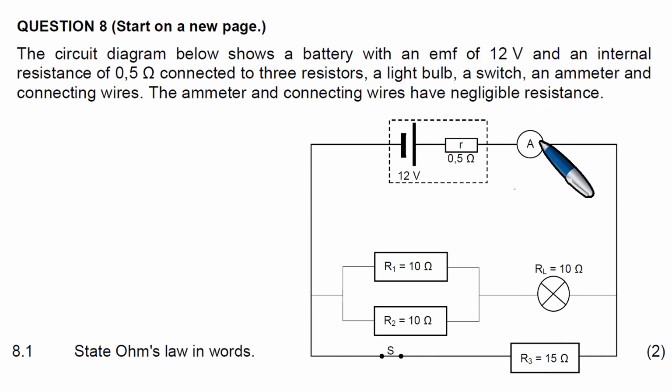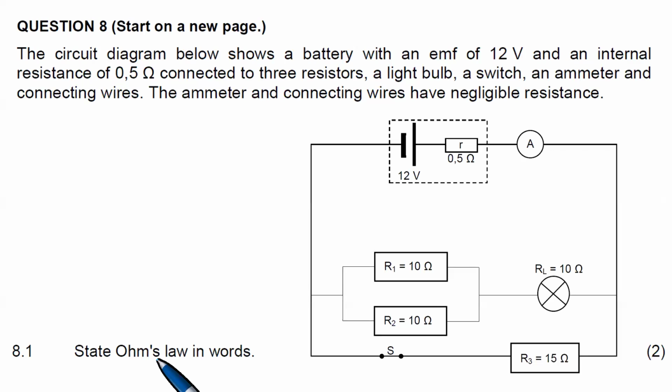The ammeter and connecting wires have negligible resistance. So we are sure, therefore, that the ammeter and connecting wires have negligible resistance.